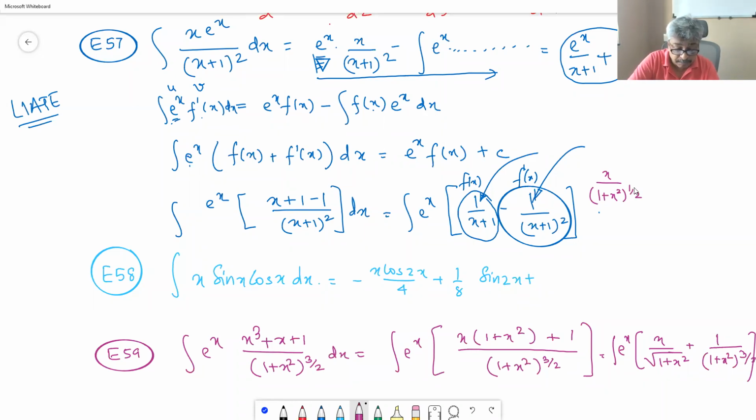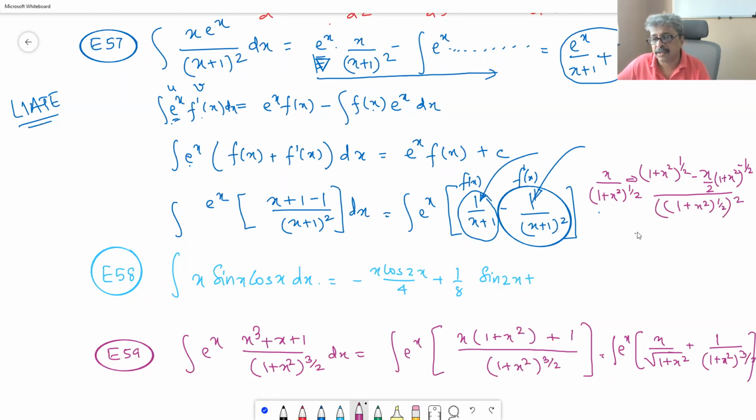What is the derivative of that? u upon v: v into derivative of u, which is 1 plus x square raised to half into derivative of u, minus u into derivative of v, which is half 1 plus x square raised to minus 1 half, whole divided by 1 plus x square raised to 1 half bracket square. Is that right?